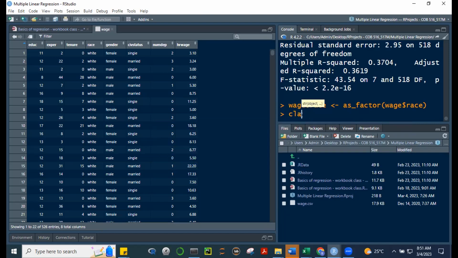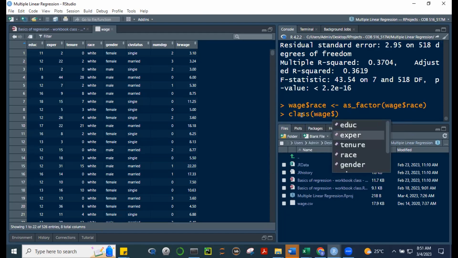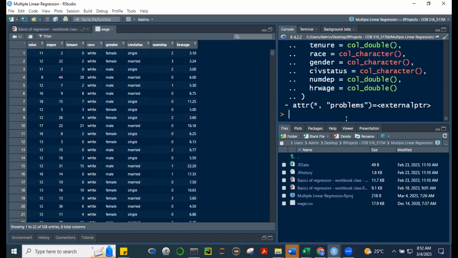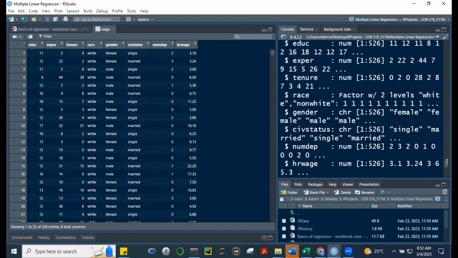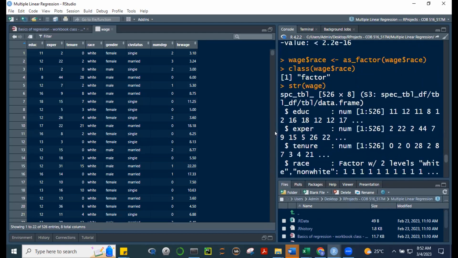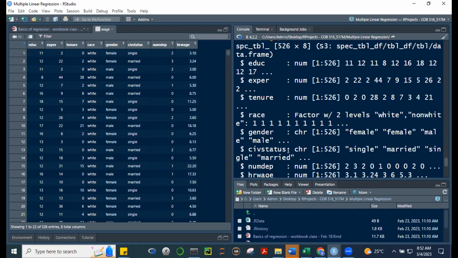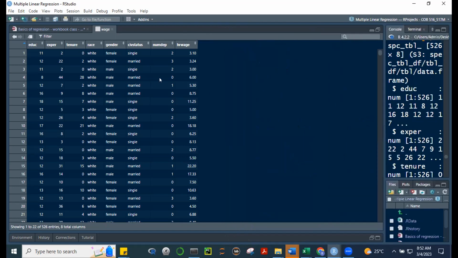I can now check the class of wage race. It's now a factor. If I get the structure of wage, race is now a factor, while gender and civil status are still characters, because we did not change them.